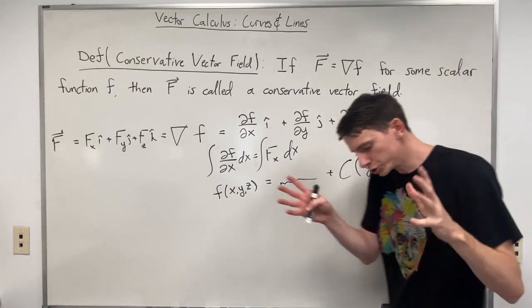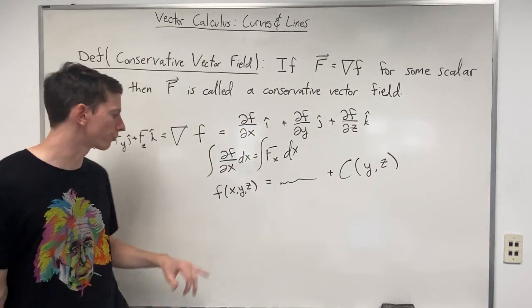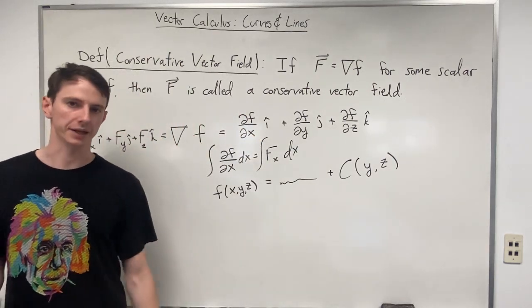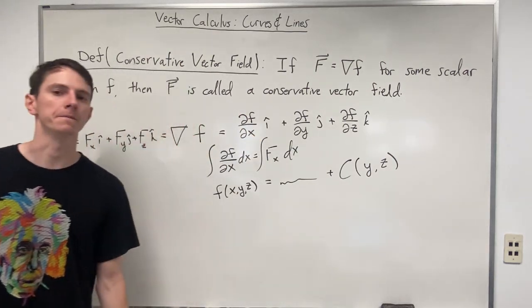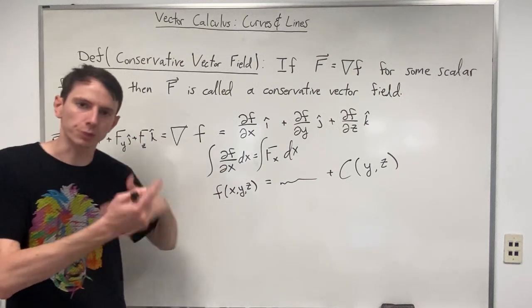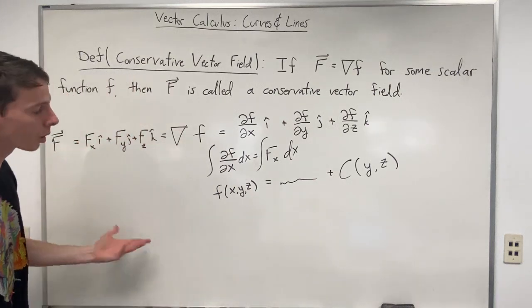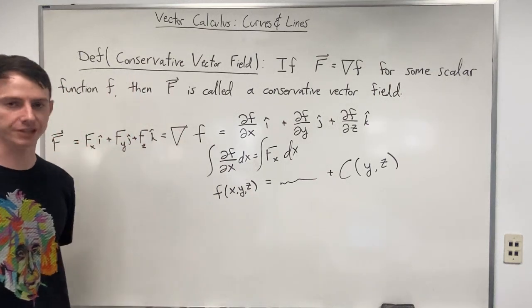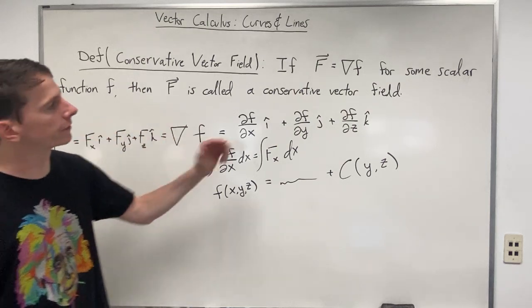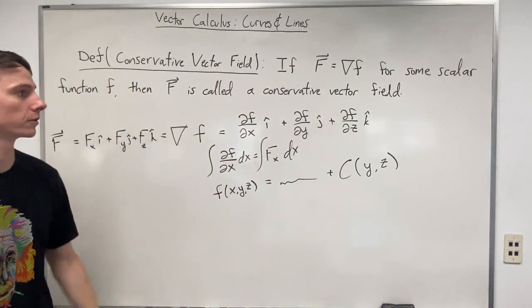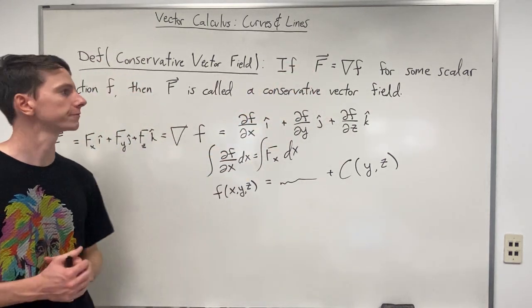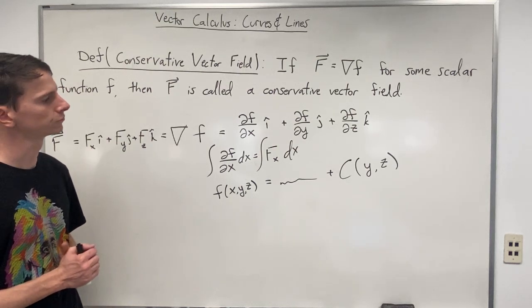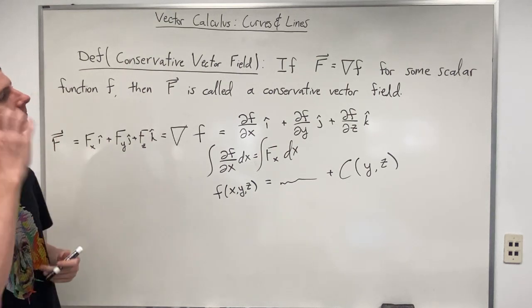And then using those, you can piece together what the overall scalar function lowercase f would need to be. Okay, so that is more or less the process for finding the lowercase scalar function f if you're given an uppercase vector field F which is conservative. Hopefully that makes sense.